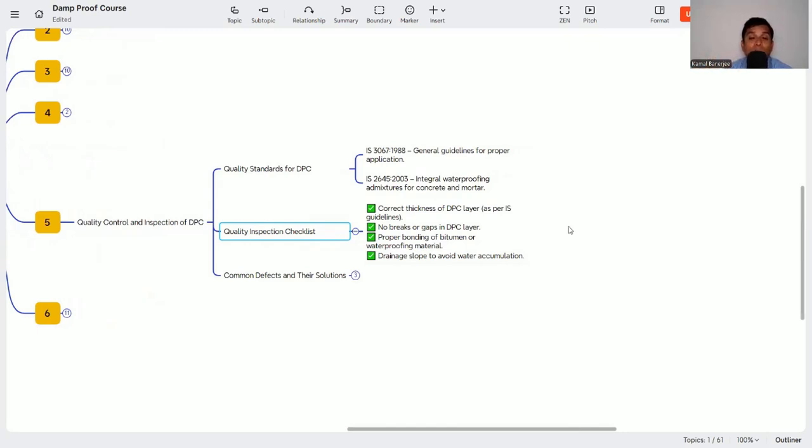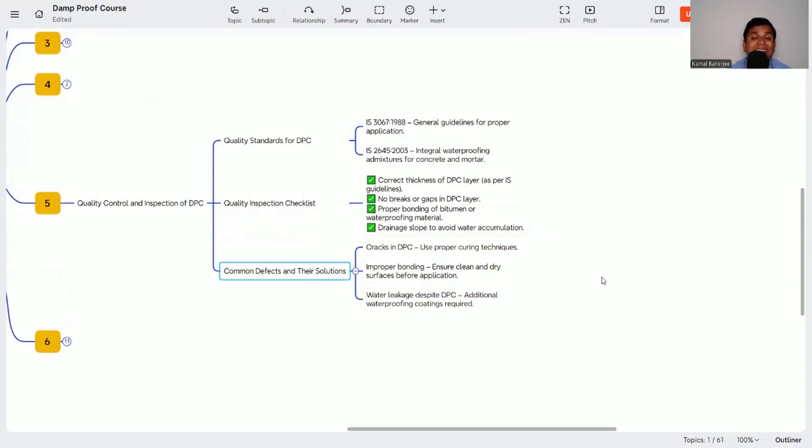Then proper bonding of bitumen or waterproofing material, and drainage slope to avoid water accumulation. Whenever a slope is required, you need to check whether the slope is as per the requirement, to prevent any type of water stagnation. And if water stagnation is there, then it can seep inside the wall. Then common defects and their solutions.